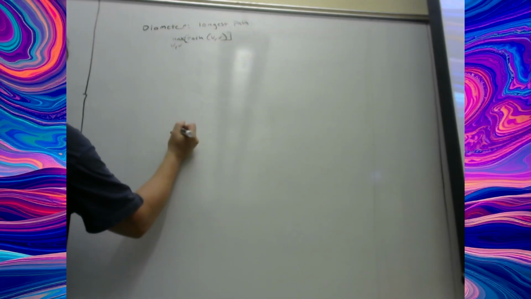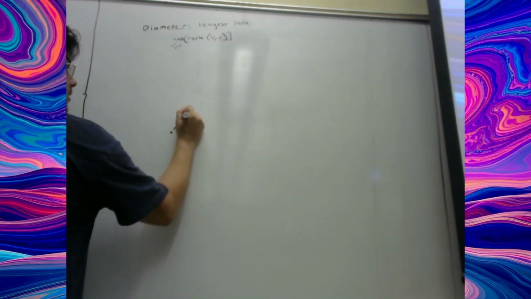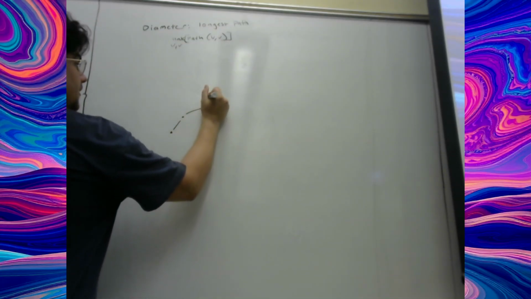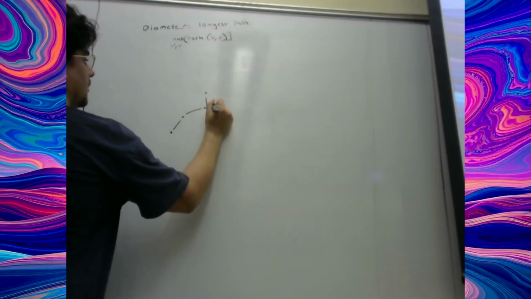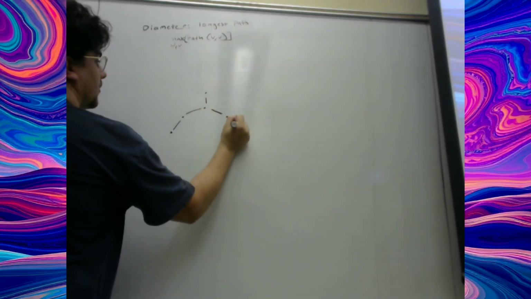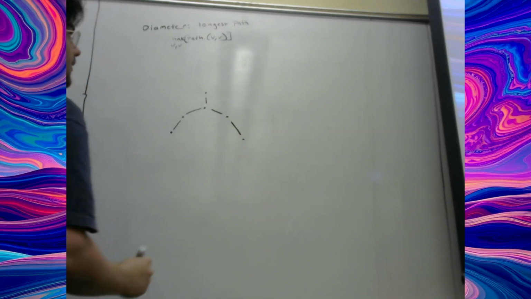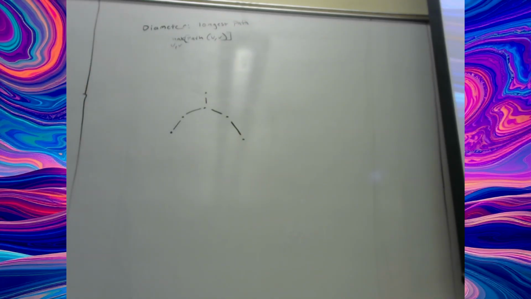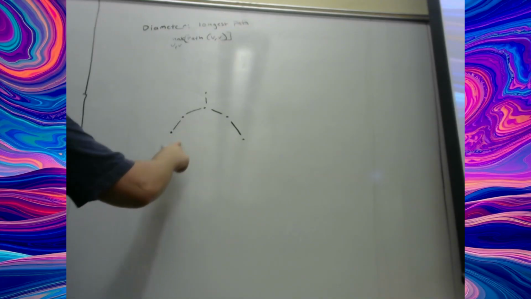The way this works is that there's one property of a path. Let me just explain like this. Let's say this is clearly the diameter here.